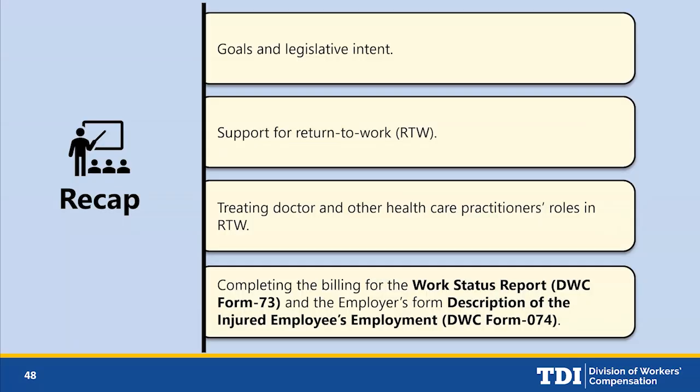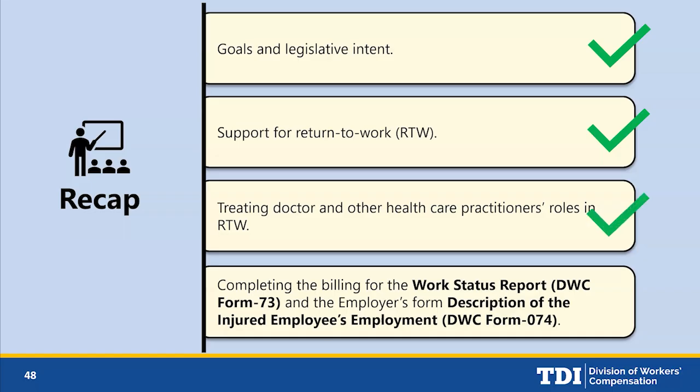So to review what we've talked about today, we talked about the goals and legislative intent of the Texas Workers' Compensation System, the legislative intent for returning someone to work, and medical literature that is out there supporting return to work and staying at work after an injury.